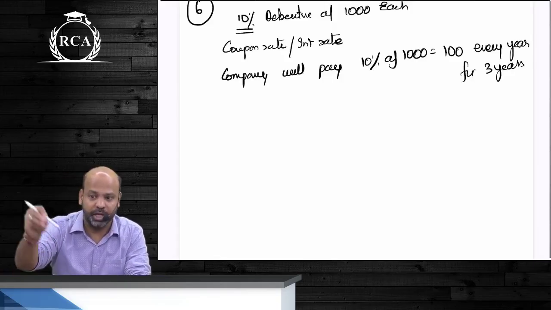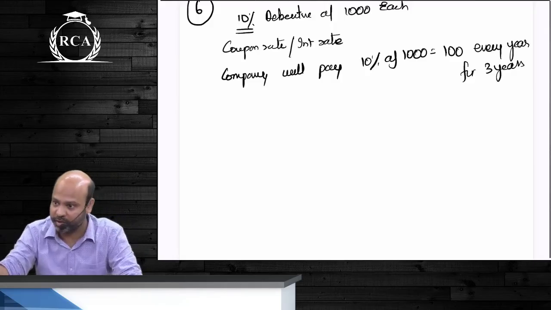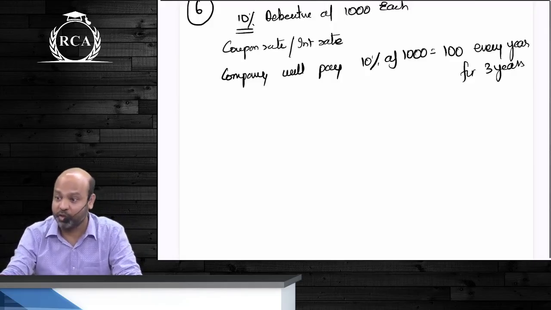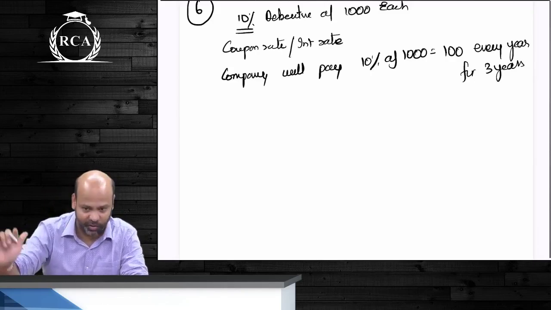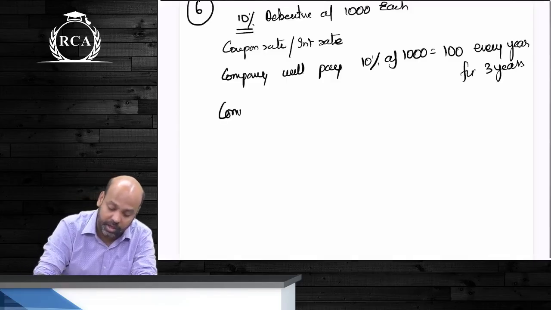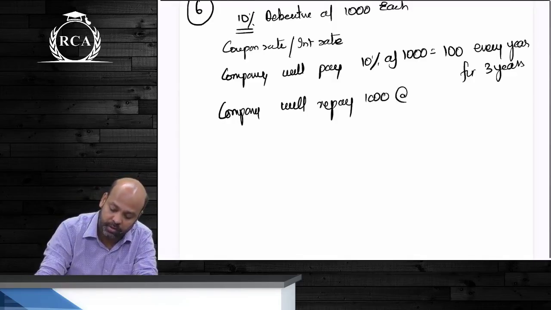If you give a loan of 10,000 rupees to your friend and he gives you interest for 3 years, guys, what should he do at the end of the third year? He should give you back that 10,000 also, no? Or will you say, okay, never mind? We ignore that 1000 altogether? The company will repay 1000 at the end of the third year.